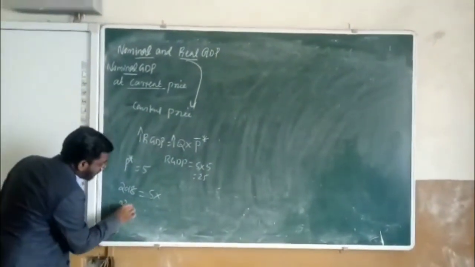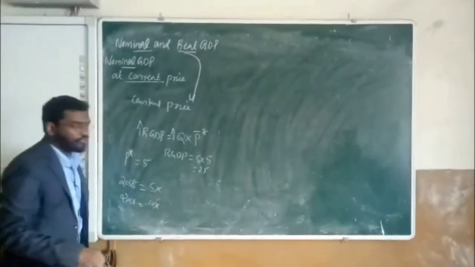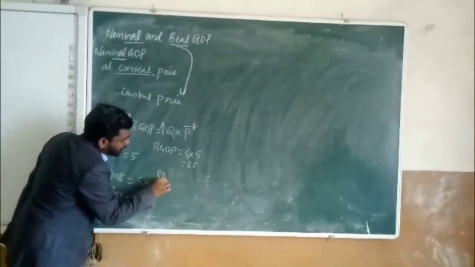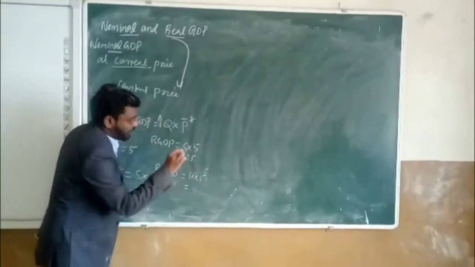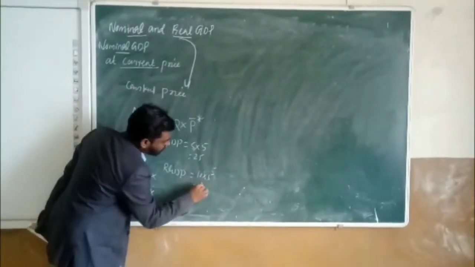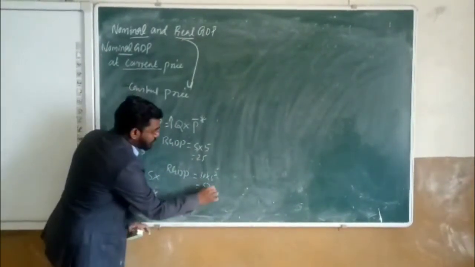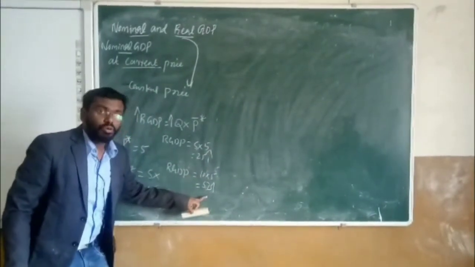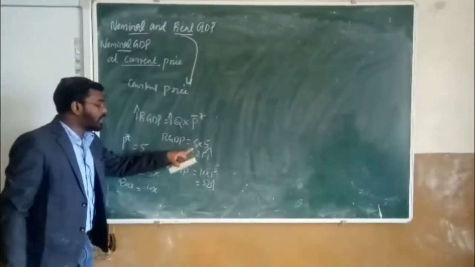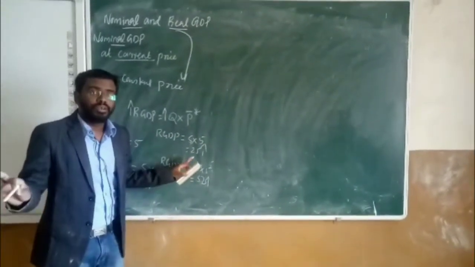In 2019 the country produced 10 units of X, and real GDP will be 10 into 5, that is equal to 50. Here this real GDP is increased, 25 became 50 only because of an increase in the number of output.